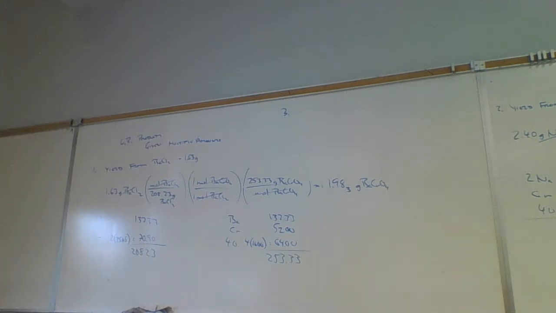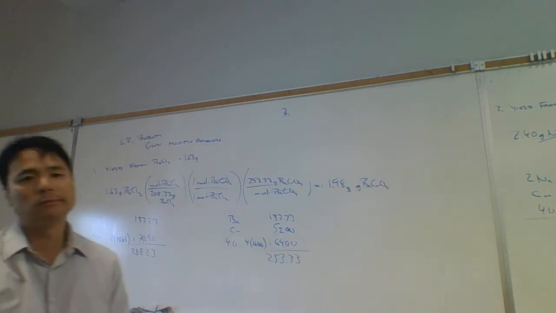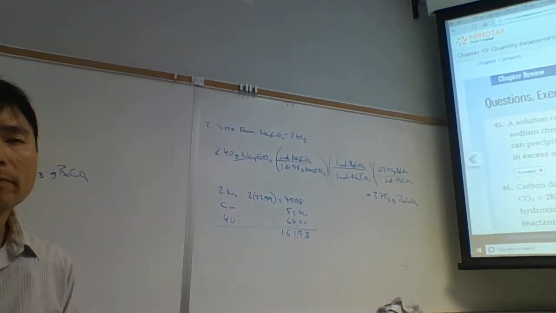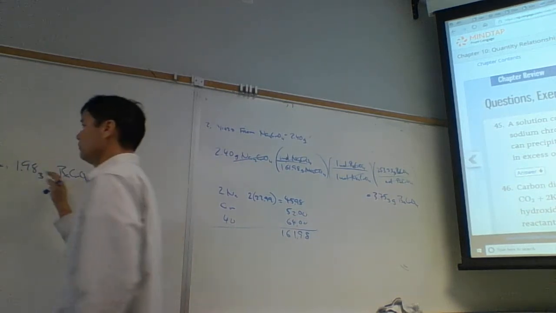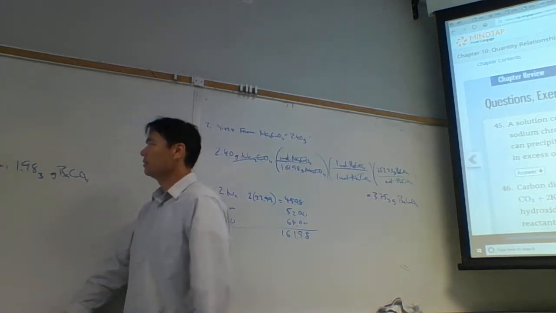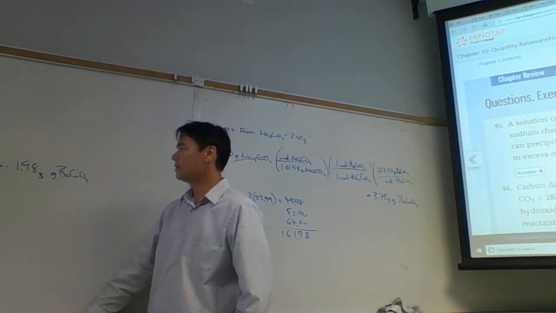I'd like to pick the bigger amount because you get more barium chromate, but we can't pick the bigger amount. Why not? We can't pick the bigger amount because this is the maximum amount of barium chromate I can form if I react all 1.63 grams.